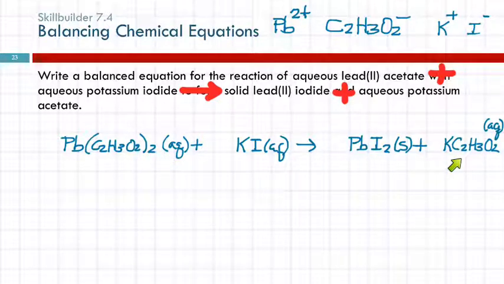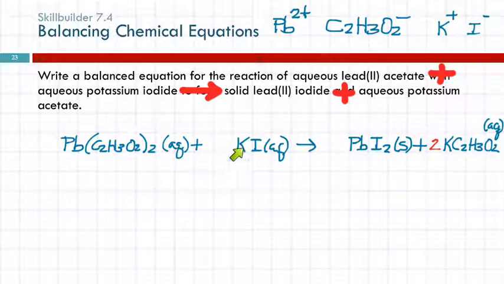How many acetate ions are over here? Just 1. So if I put a 2 in front of that formula, then I'll have 2 acetate ions, right? So I've got 2 acetate ions here, 2 there. This is 4 carbons, 6 hydrogens, 4 oxygens. Now over here I've got 4 carbons, 6 hydrogens, 4 oxygens.